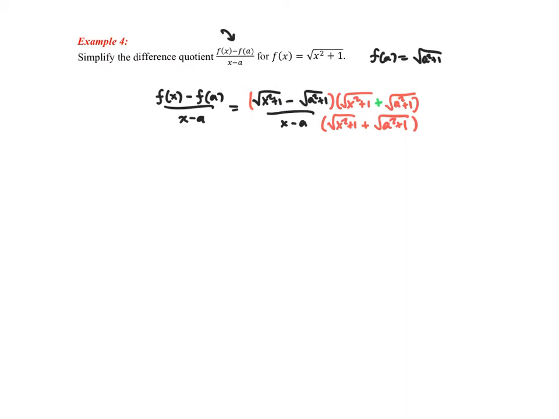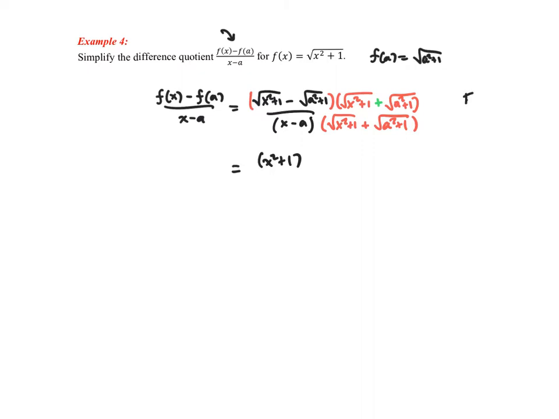Now the great thing about conjugates is when I'm multiplying out the numerator here, I don't have to do too much work, because when you multiply conjugates, the square root of x squared plus 1 times itself just becomes x squared plus 1. The outside and inside terms, because of the signs being opposite, would be the same term except opposite signs, so they would reduce.